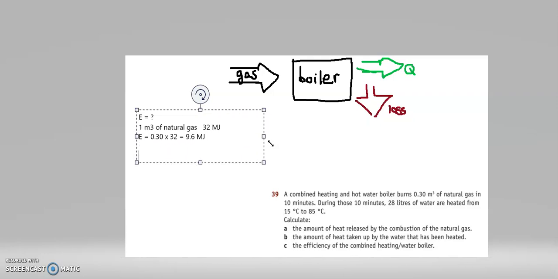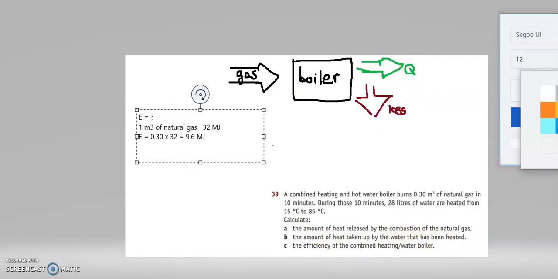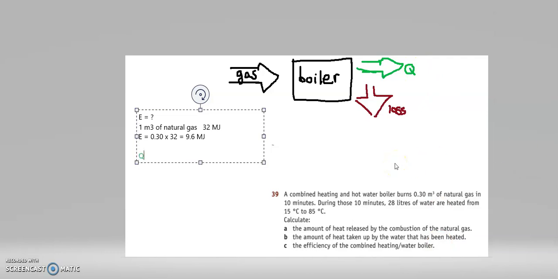And what about part B? Part B says to calculate the amount of heat taken up by the water that has been heated. So that Q, we are going to calculate heat, and heat is mass times C times delta T. And if you remember, the specific heat capacity of water is 4.2 joules per gram degree Celsius.